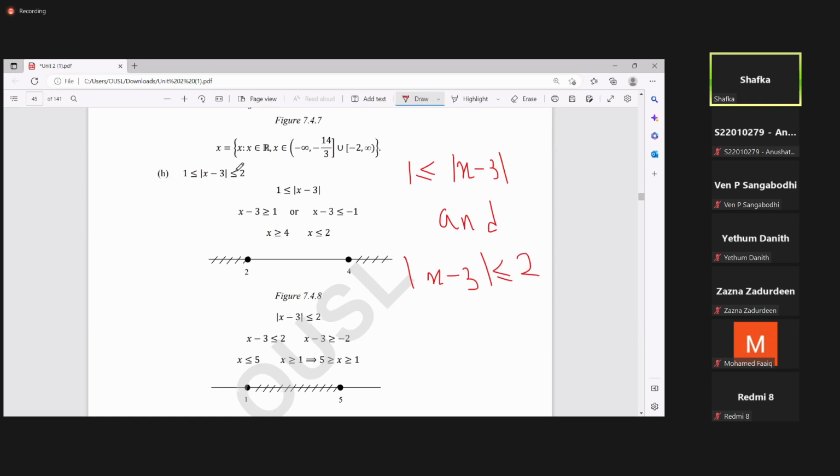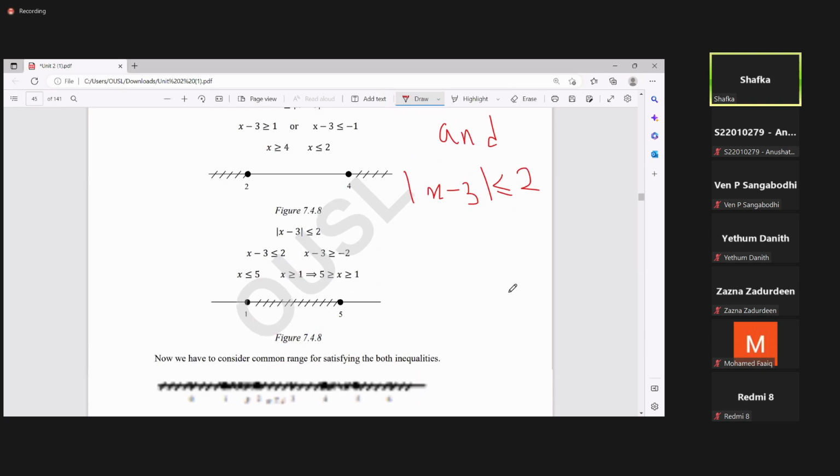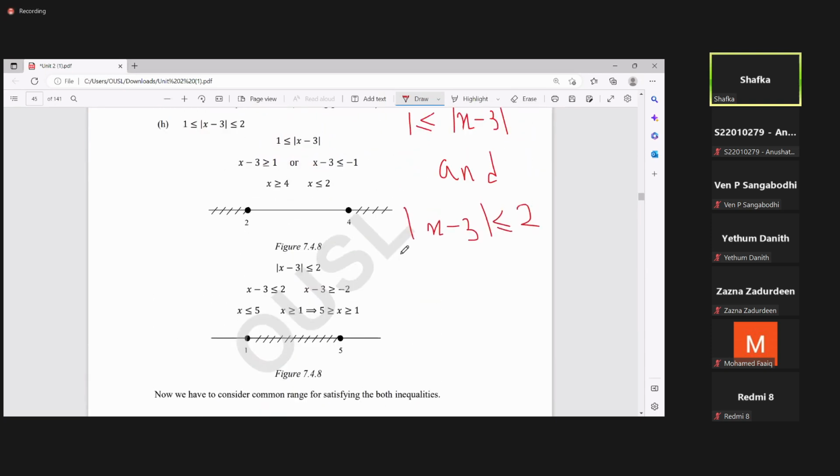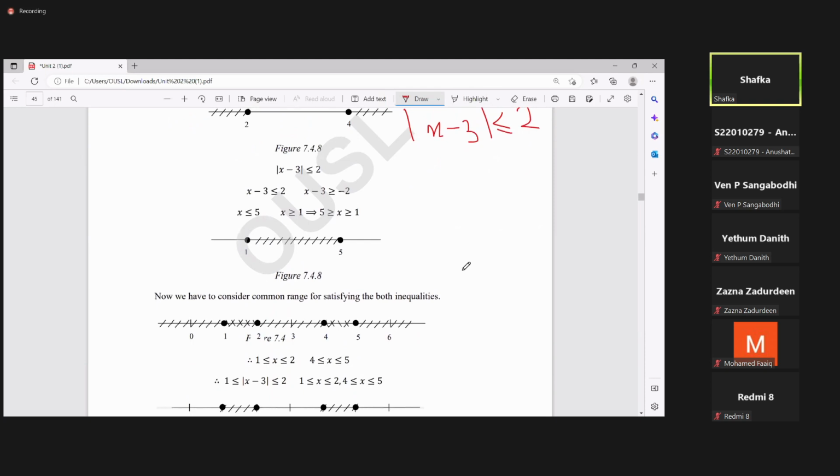Split this inequality into two different inequalities: absolute value of x minus 3 is greater than or equal to 1, and absolute value of x minus 3 is less than or equal to 2. Get the solution separately for this one as well as this one, and draw the solution on the same real line.